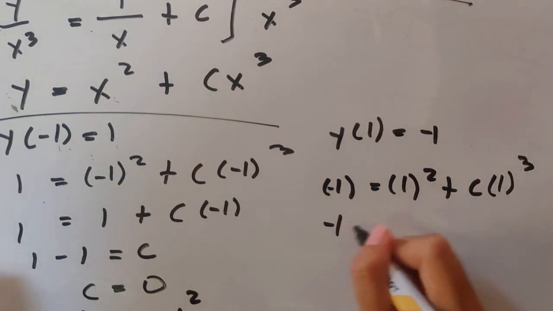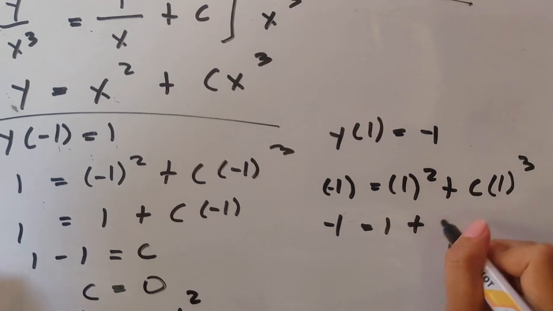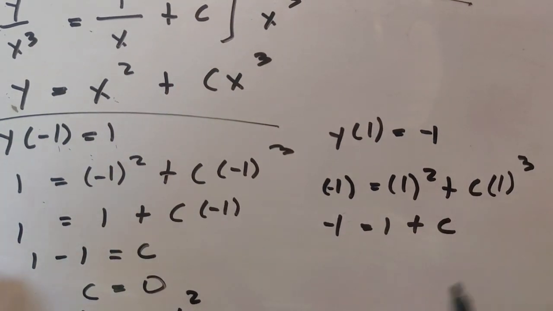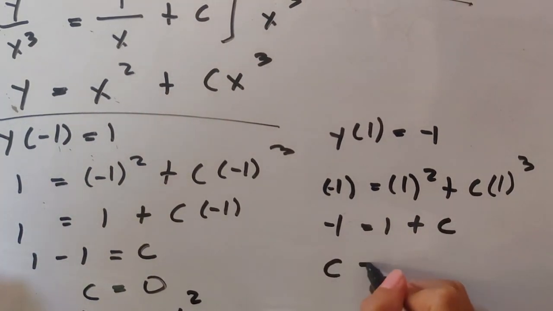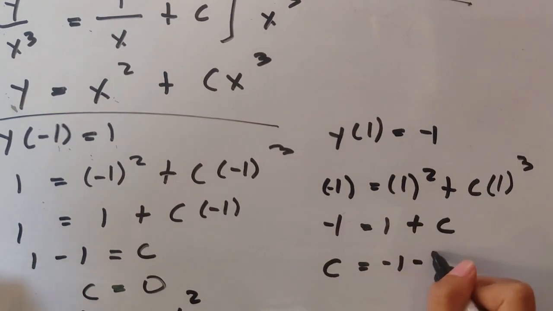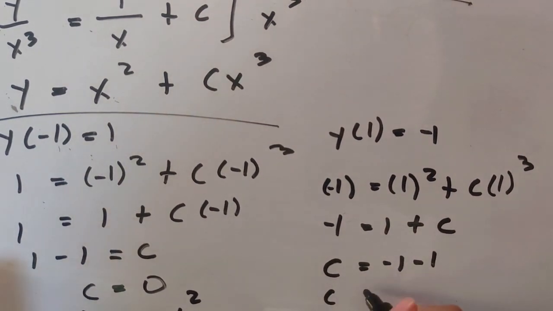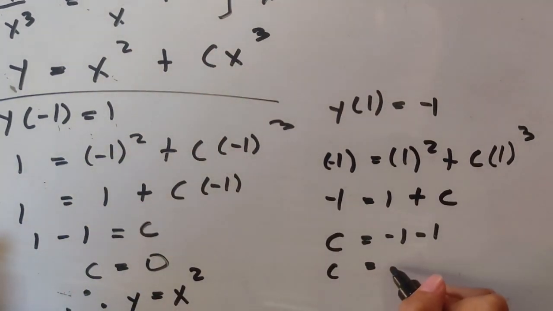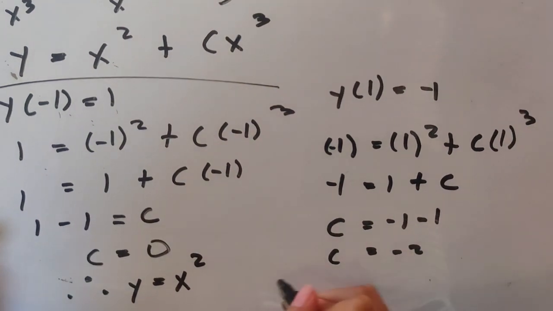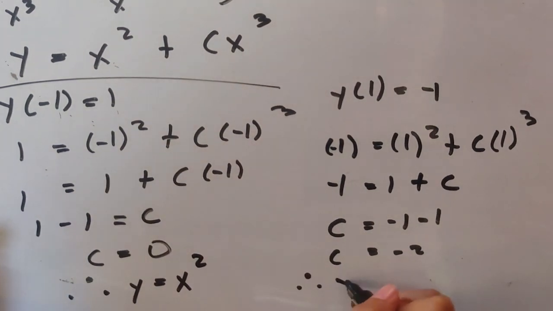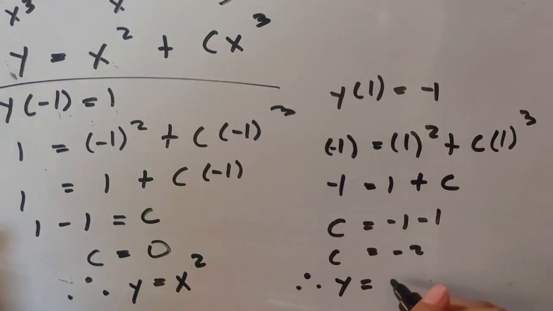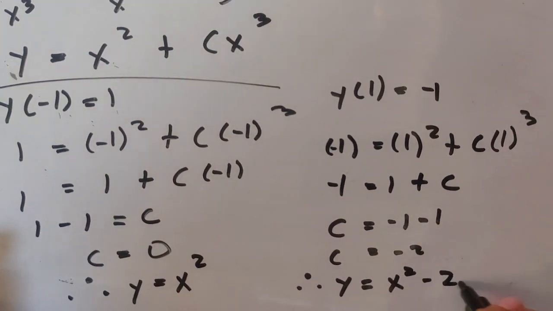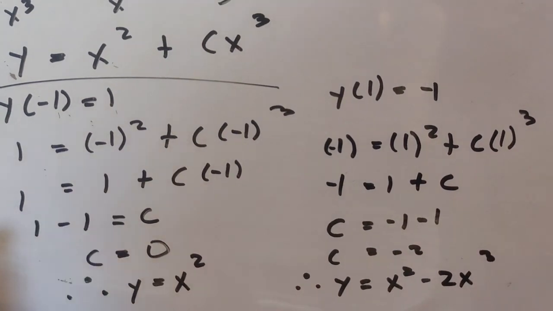So negative 1 is equal to 1 plus c. Our c now is equal to negative 1 minus 1, so c is equal to negative 2. We can conclude that our y is equal to x squared minus 2x cubed.